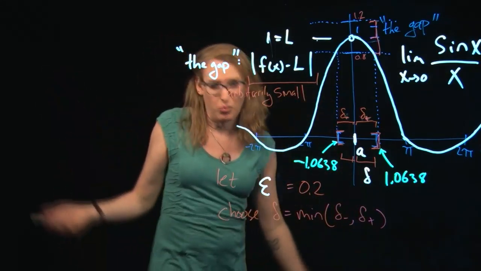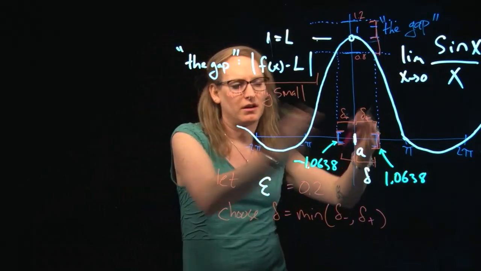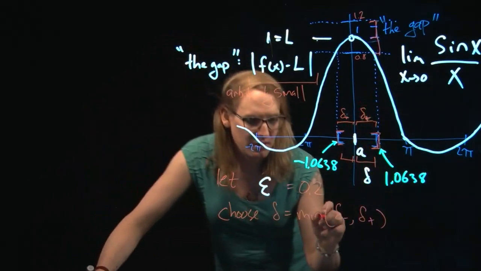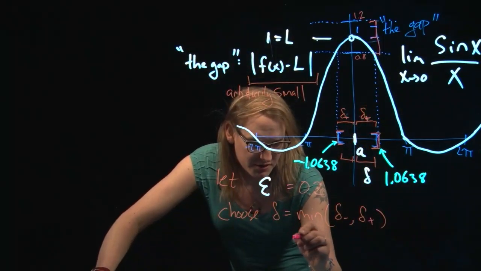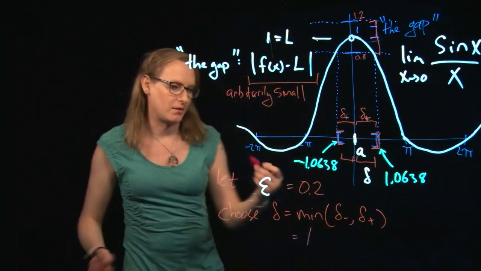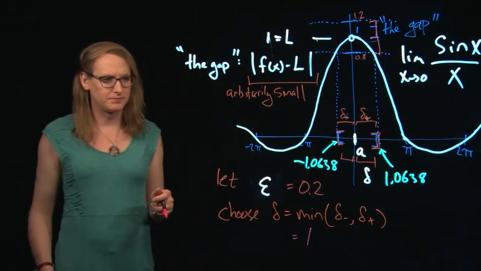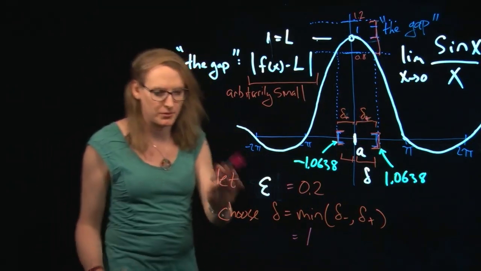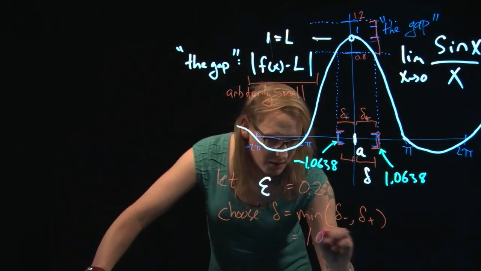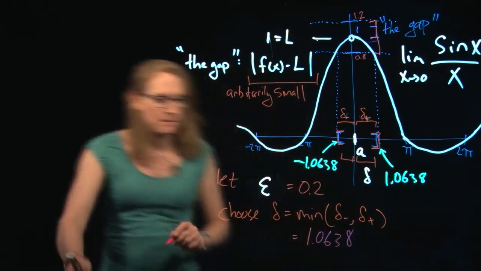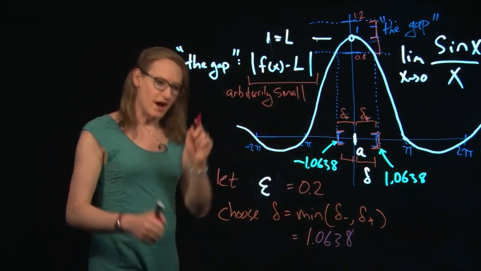How about we just call it 1, because that's even smaller, and that's fine. So let's make it something nicer, like 1. I don't know whether to put the 1.0638 or not. I'm going to do it. Okay.